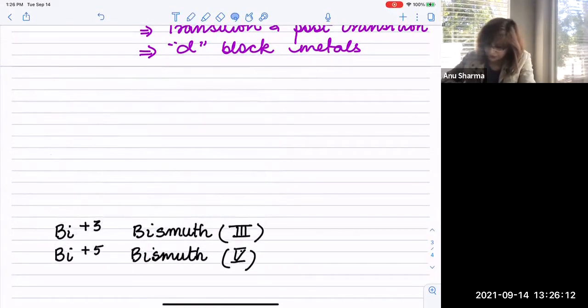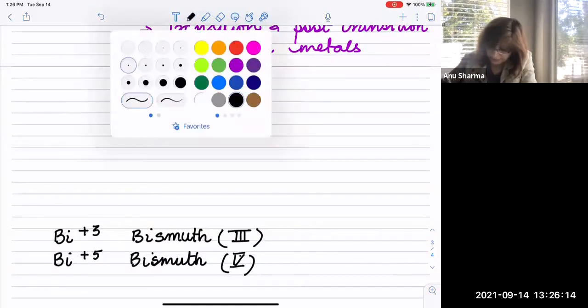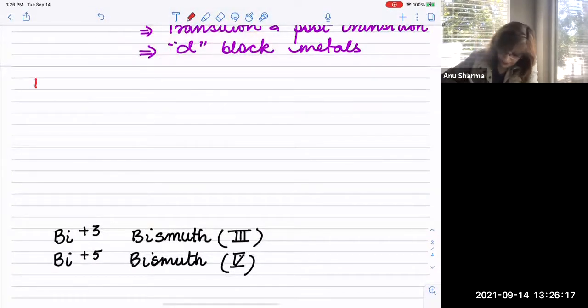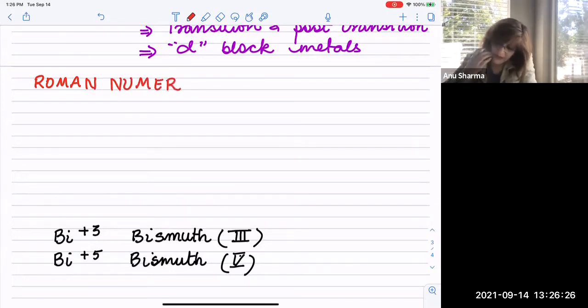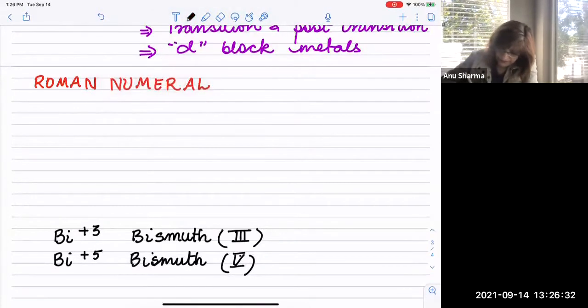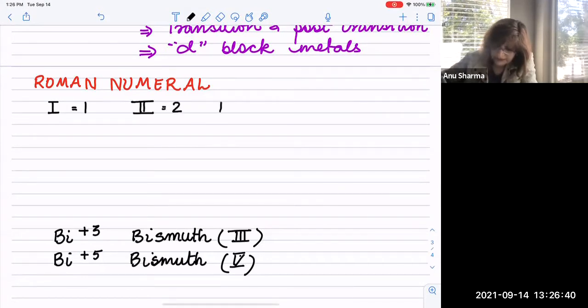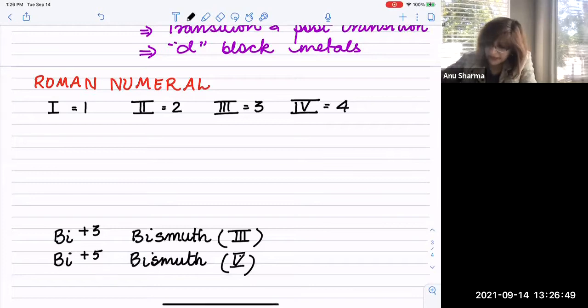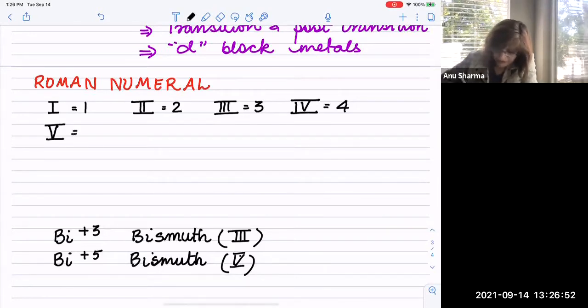Okay, let's do Roman numerals first, just to refresh your memories. Roman numerals are used in naming these types of elements. This is equal to 1. This stands for 2, this stands for 3, this stands for 4, and this stands for 5.